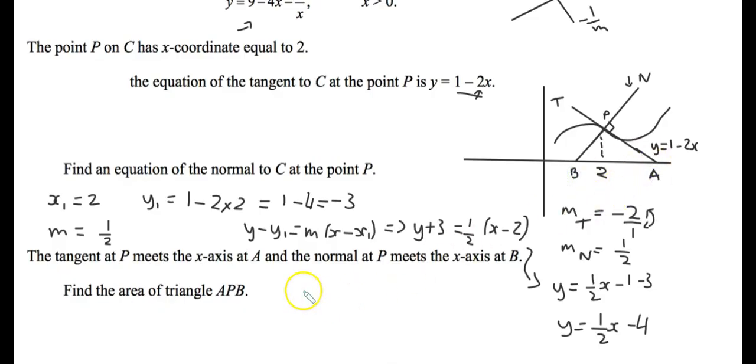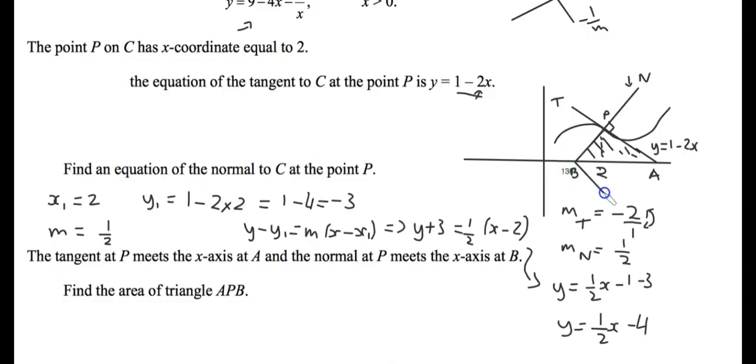And we want to work out this area of the triangle APB. So basically this area here. Now we're not sure if this looks completely correct. It could equally be that this triangle is underneath the axis. So depending on how we've drawn this curve, it could be that the triangle's underneath, but actually it doesn't matter too much.